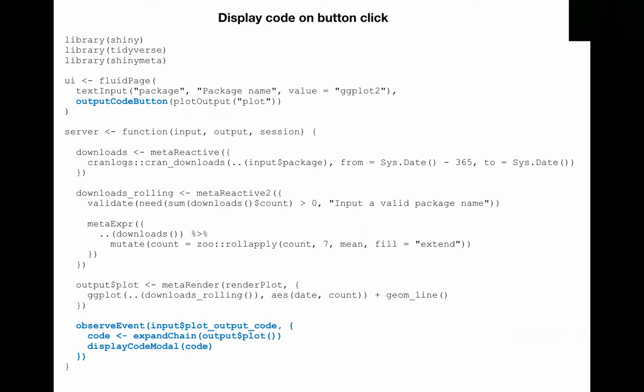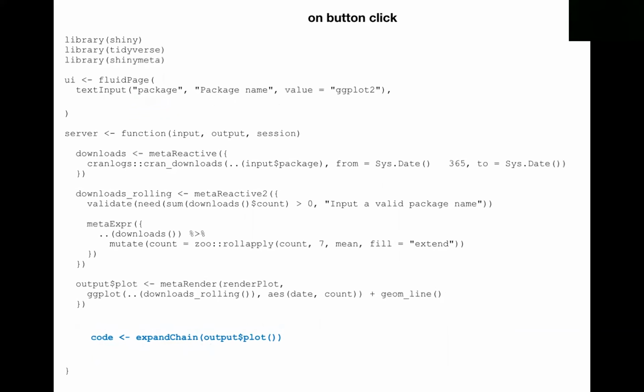This observe event statement is saying, whenever this output code button is clicked, please run this R code, which generates the code for this plot output, and then uses this display code modal to prompt a modal that people can then copy and paste the code from.